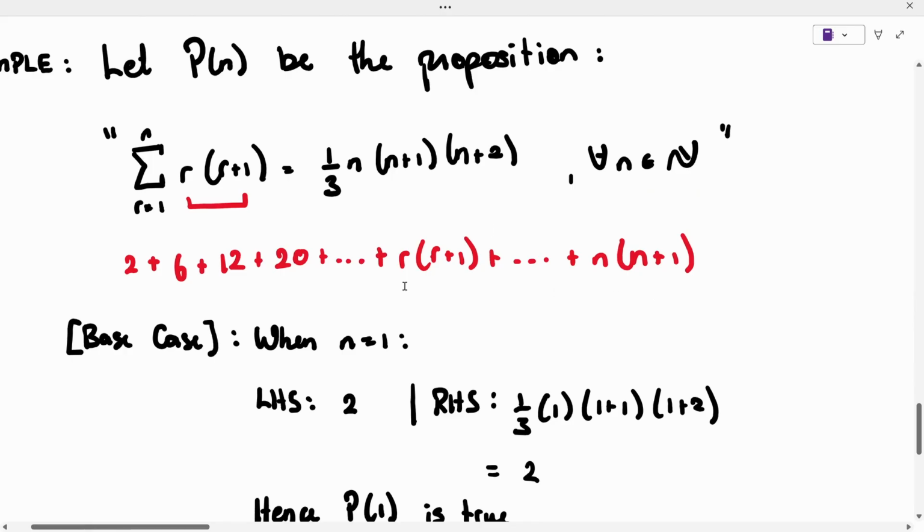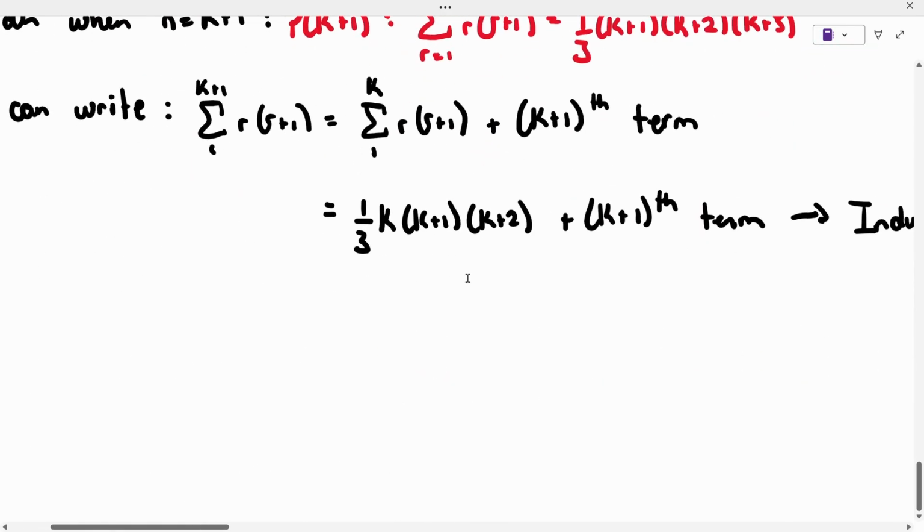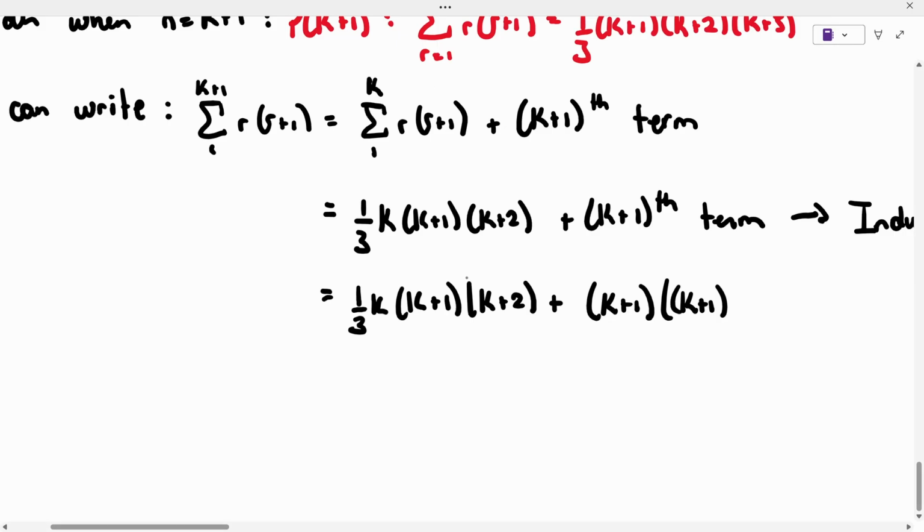So the (k plus 1)th term is (k plus 1) into (k plus 1 plus 1). Anywhere I see r, I'll put k plus 1. So this is equal to 1/3 k into (k plus 1), (k plus 2), plus (k plus 1) into (k plus 1 plus 1).